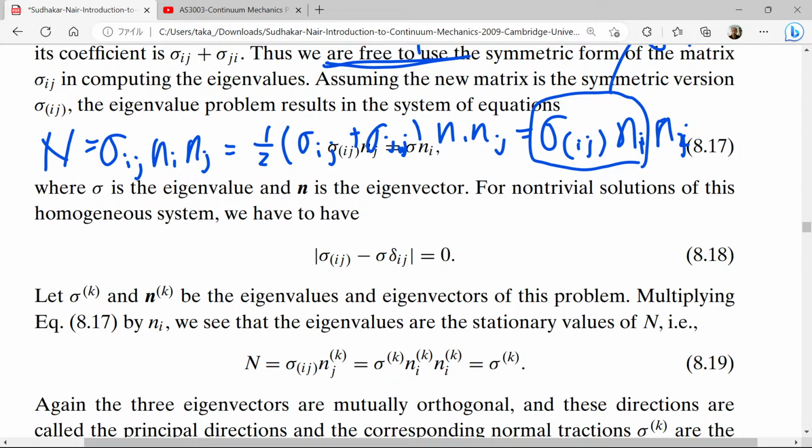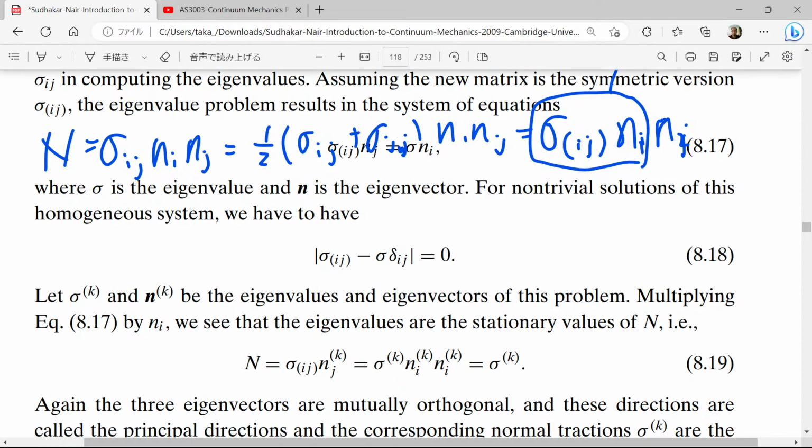Where sigma is the eigenvalue and n is the eigenvector, for non-trivial solutions of this homogeneous system we have to have this. So this is the eigenvalue equation, and let sigma k and nk be the eigenvalues and eigenvectors of this problem.